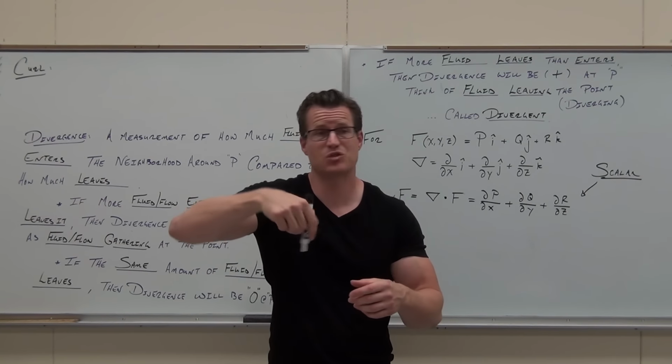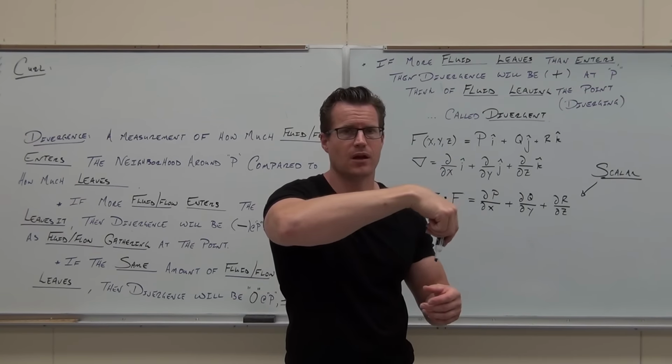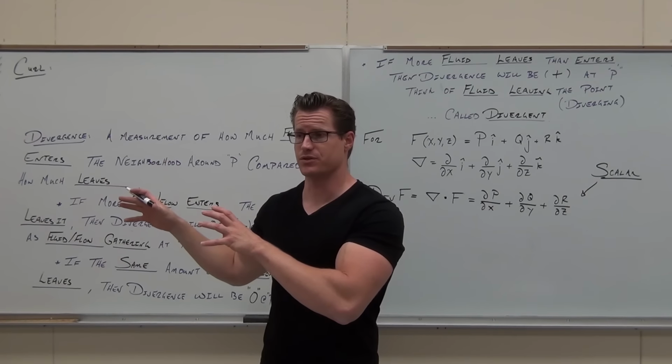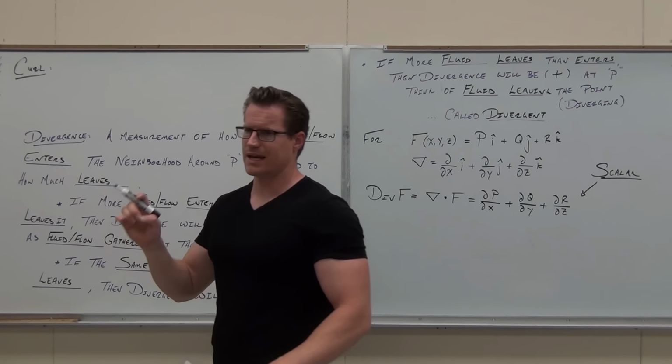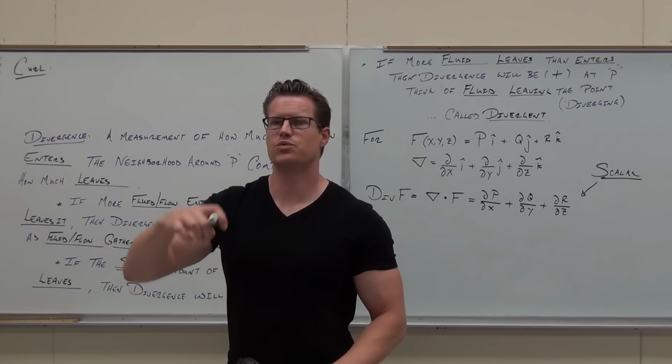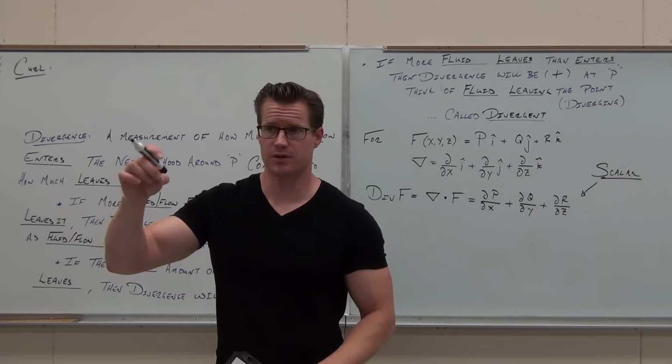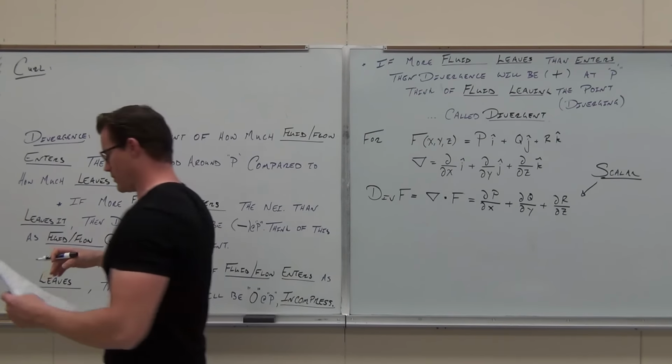So is it spinning? Is it curling around in there? That's what curl measures. So we're going to write this one down. This is the measurement of the tendency for the fluid or the flow to rotate in a vector field around a point, in the neighborhood around a point.